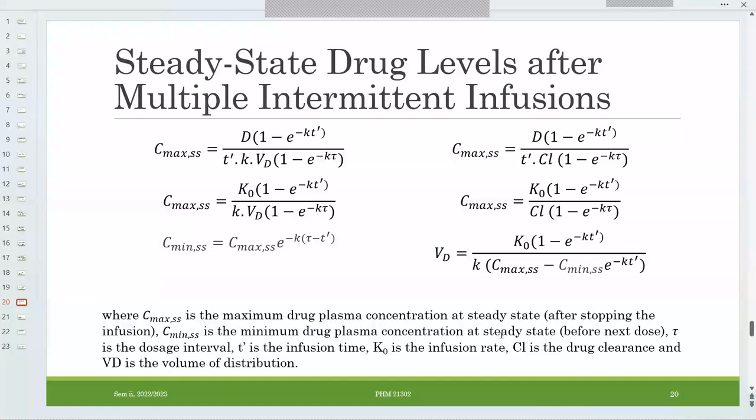Then you will practice in clinical pharmacokinetics how to estimate the dose, infusion time, and tau to achieve certain levels. And given a dosage regimen, you should be able to calculate the expected levels to be achieved by this dose. So what kind of equation are we going to use? We have several forms. We can use this equation.